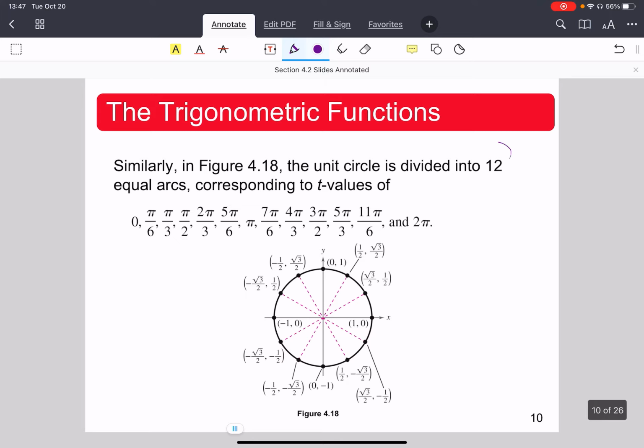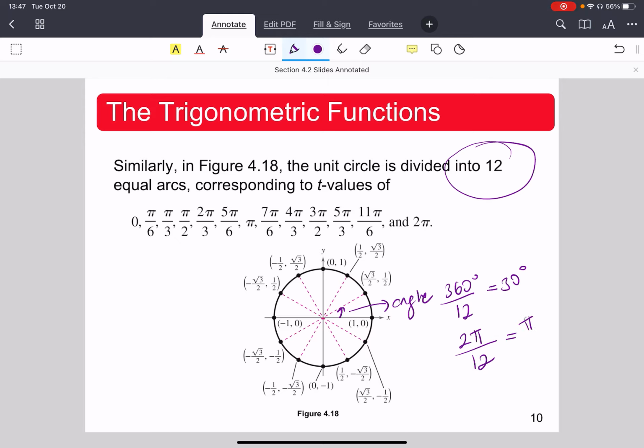Similarly, we can divide it into 12 equal arcs, right? So we could also do 12 equal arcs. And if you do that, each little piece will be something like 360 degrees divided by 12, which I think is 30 degrees. Or we can say 2 pi, because 2 pi is one full rotation, and then divide that into 12 pieces, you get pi over 6 radians, right?